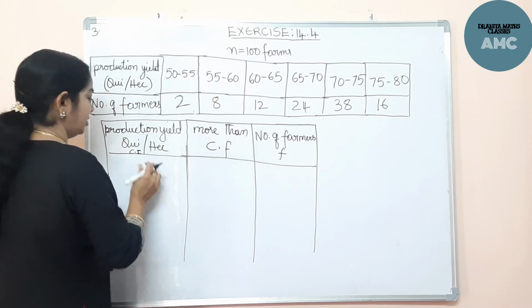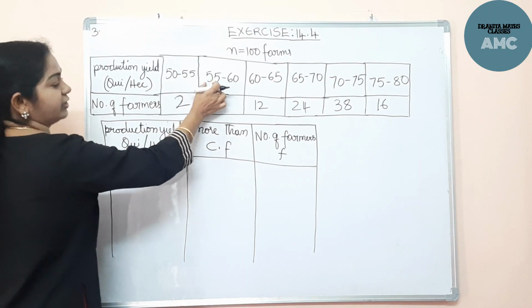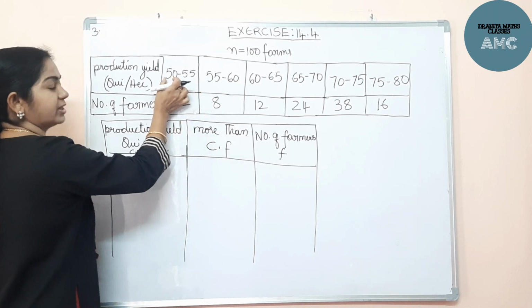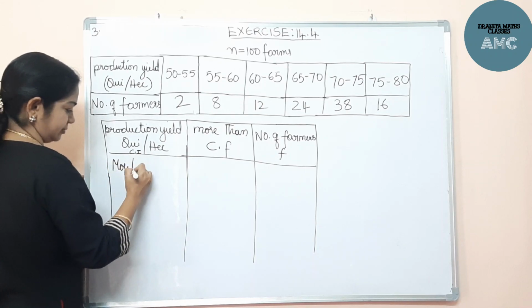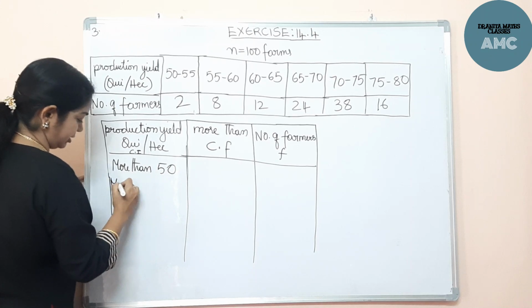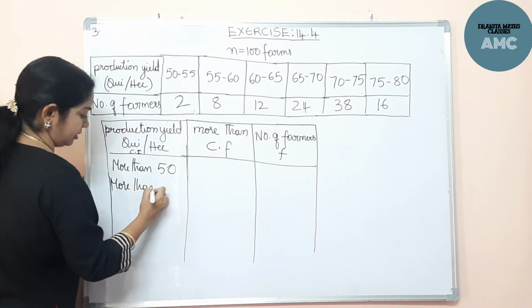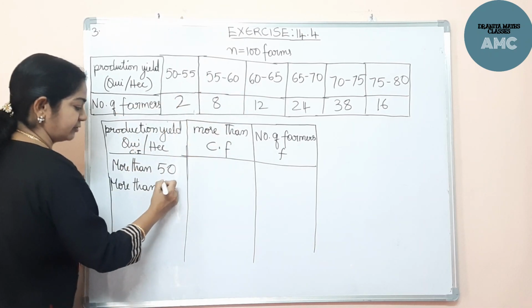We will find out. Now here, to form this, 50 to 55, 55 to 60, that means it is more than 50, more than 55. So we'll write more than 50. Likewise, the second one is 55 to 60, that means it is more than 55.